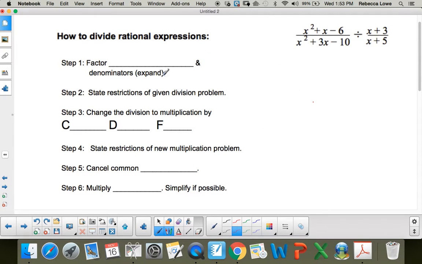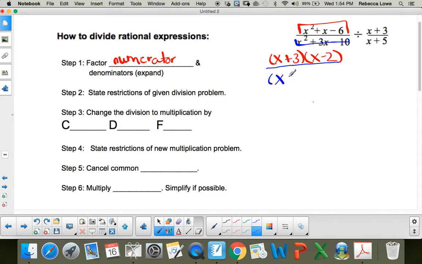Just the way when we multiply, the first thing we would do was factor the numerator and the denominator. So we've got lots of factoring to do here. I've got x plus 3, x minus 2. That's what this factors to. The denominator here factors to x plus 5, x minus 2.